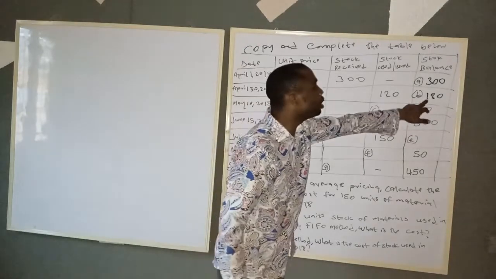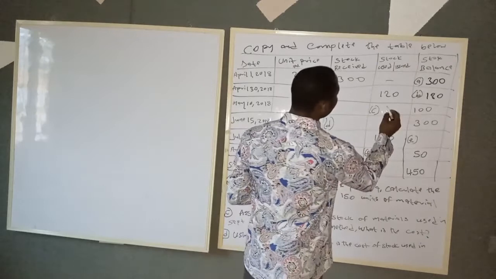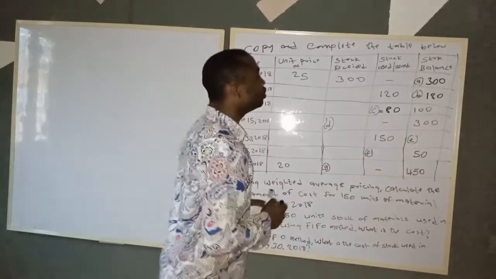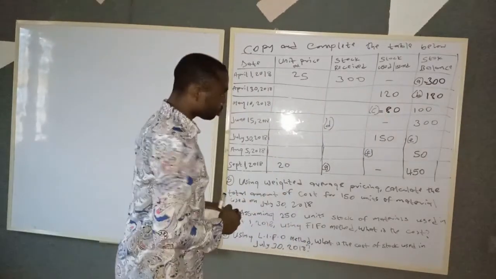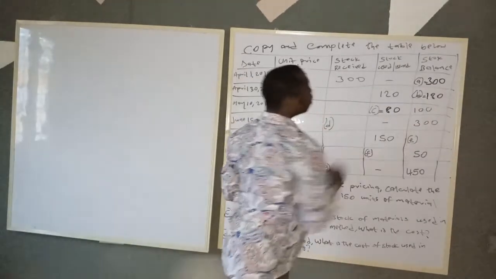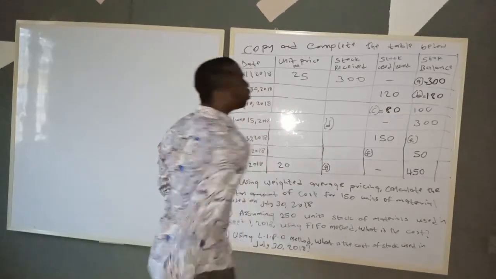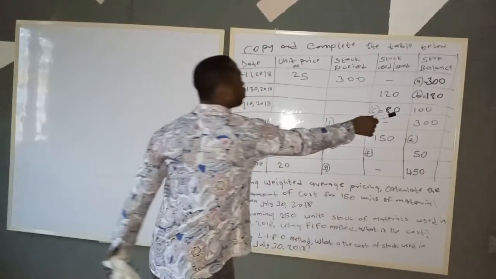That is 180 minus 100, which is going to give us 80. So C is 80, which simply means that when they have 180 in stock and the remaining stock is 100, they used 80.